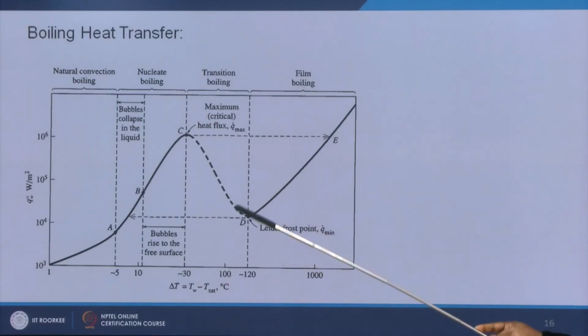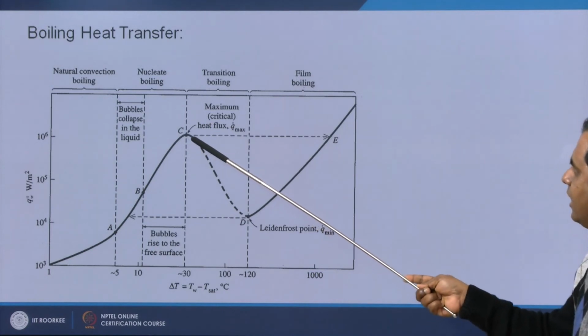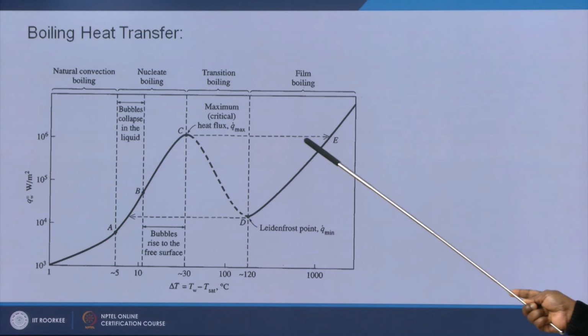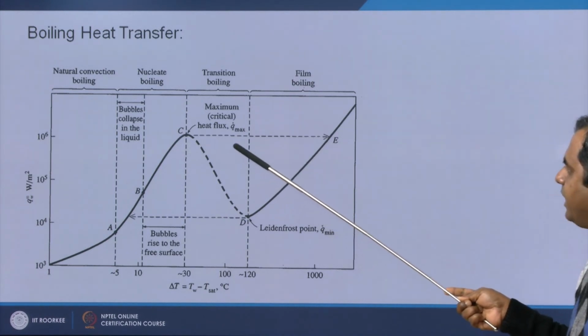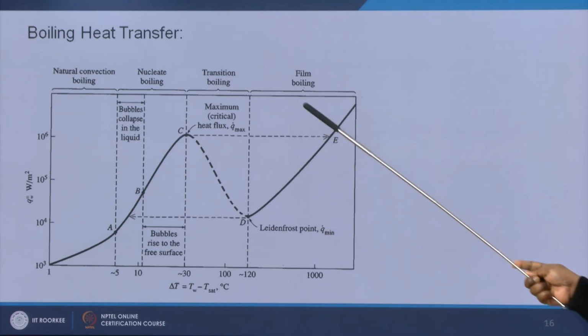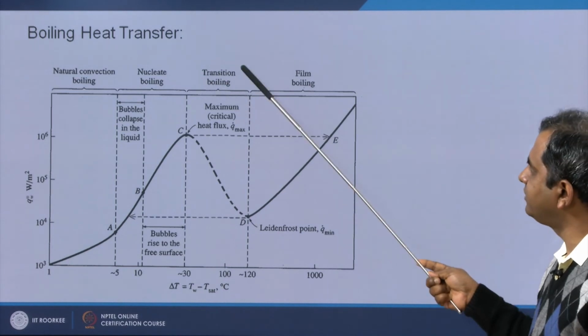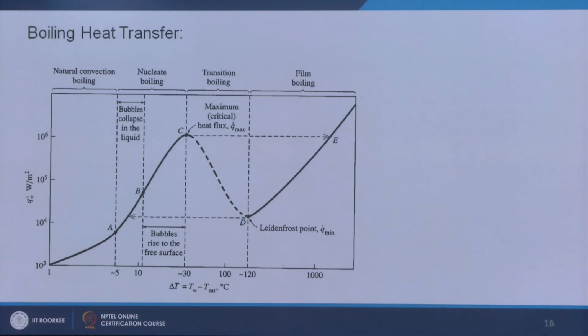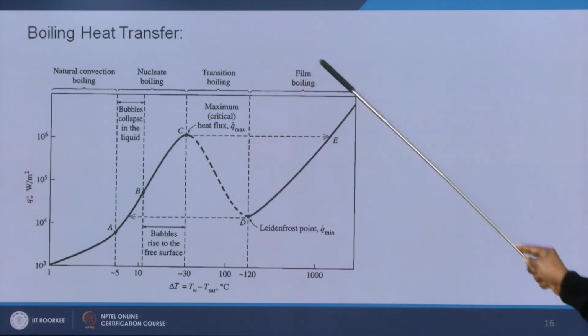Then after that there will be a sudden jump in temperature in case of a heat flux controlled experiment, and you will find that this zone is transition boiling. After this, suddenly the whole surface is occupied by a gaseous film, which is the film boiling region.